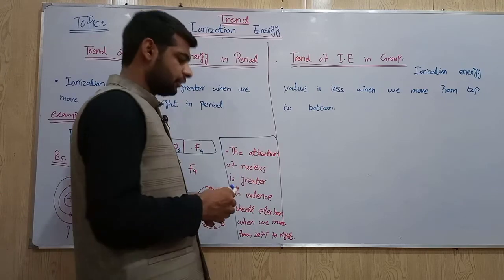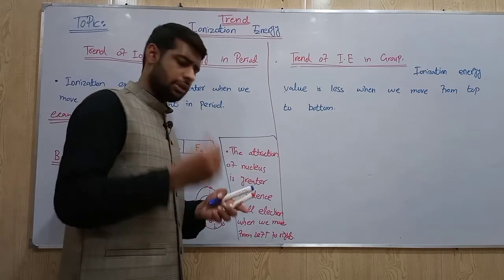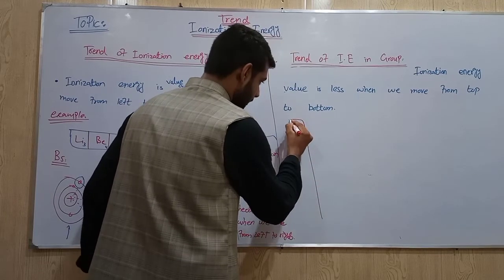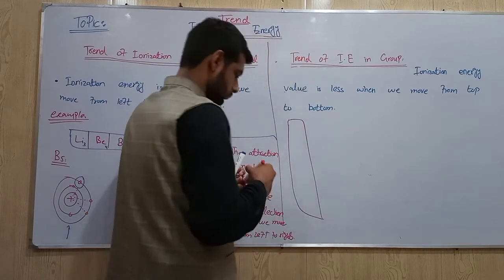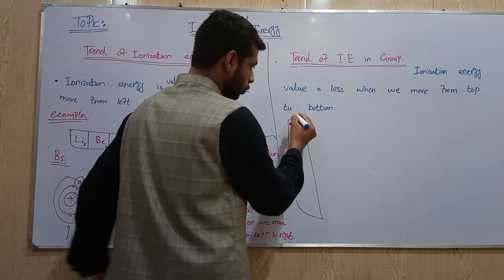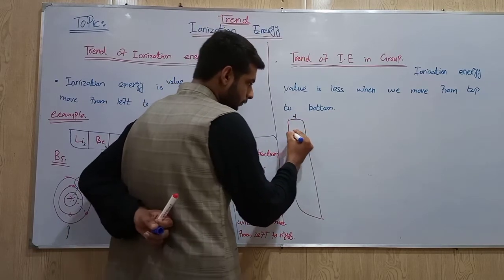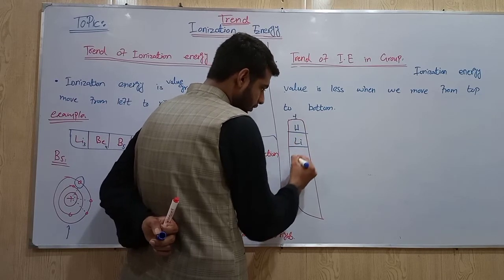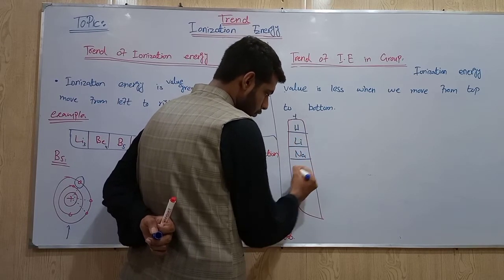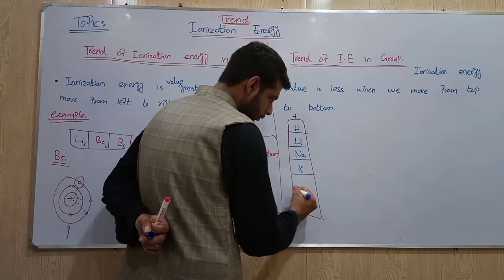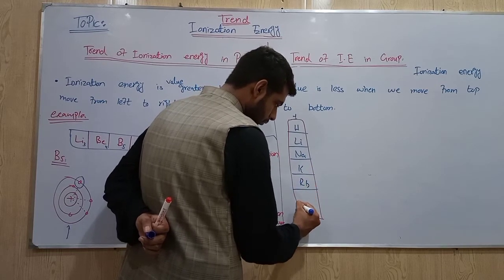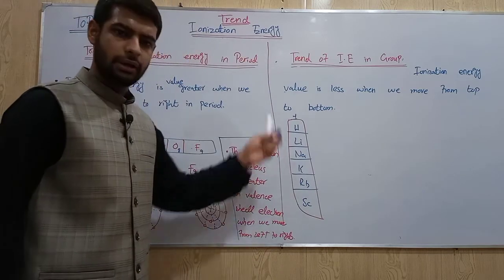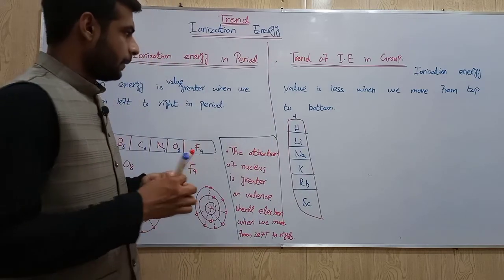Now we will write the names of elements in our first group. First group: first element hydrogen, lithium, sodium, and so on. These are the first group elements.